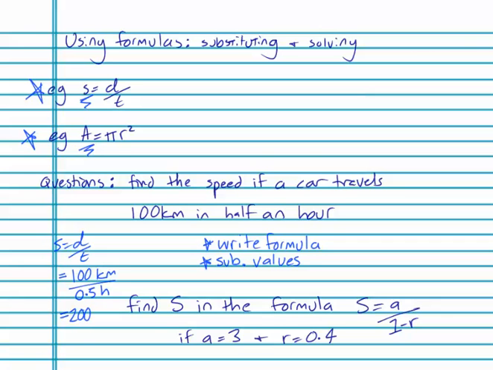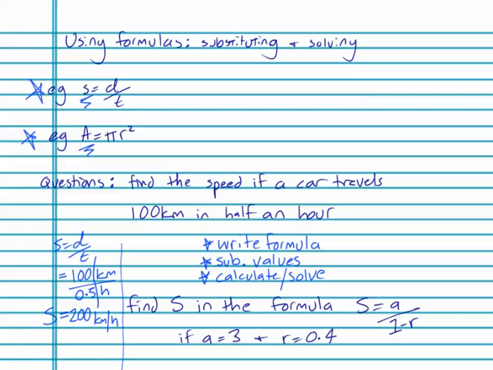If I traveled 100 kilometers in half an hour, I'm going to travel 200 kilometers per hour. And here you see why it was useful to put the units in, because there's our units all ready for us. 200 kilometers per hour. That's speed. So after we've substituted the values, we calculate or solve.